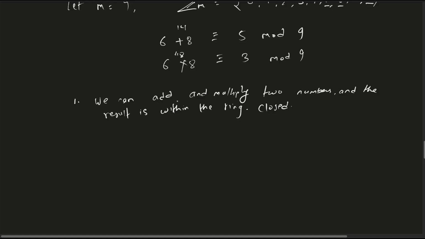So we can add and multiply two numbers, and the result should fall within the ring.